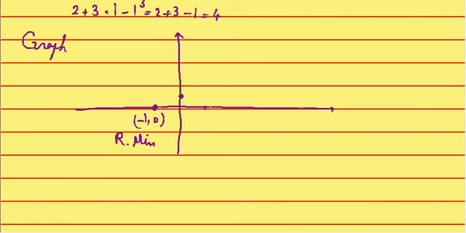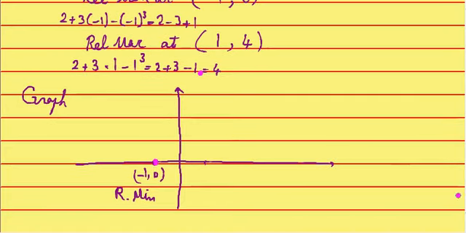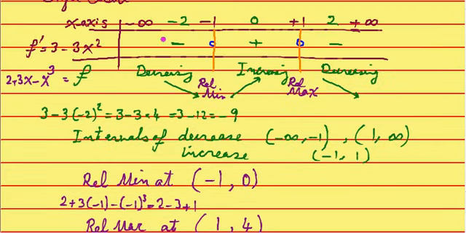Let me designate it, using a different color here. 1 and 4 perhaps goes at that point. So our function, the way we discovered it, from minus infinity to minus 1, is supposed to be descending. Then from here to the maximum, it's going up, and then it's descending again.